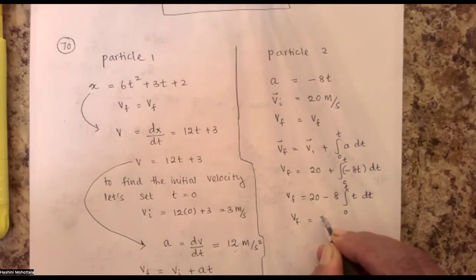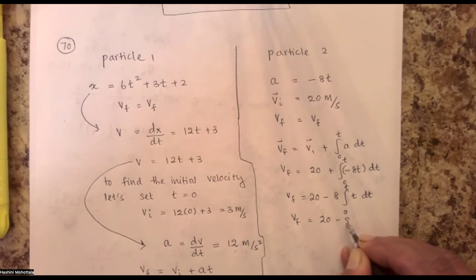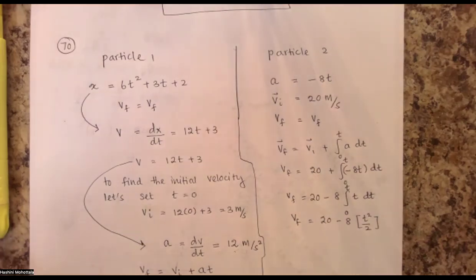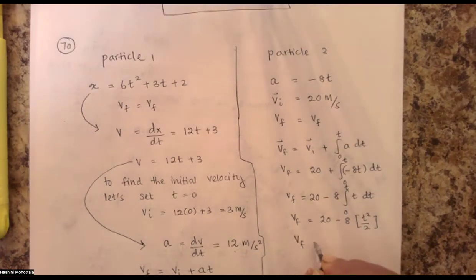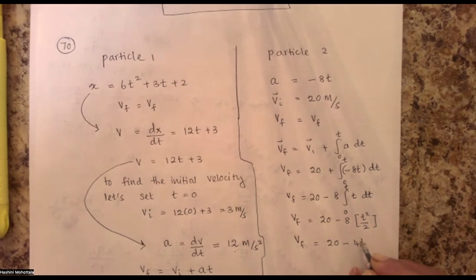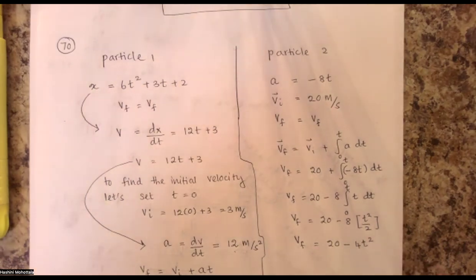So there you have 20 minus 8 t square over 2. So there you have V final equals 20 minus 4t square.